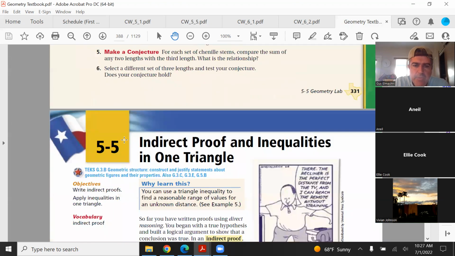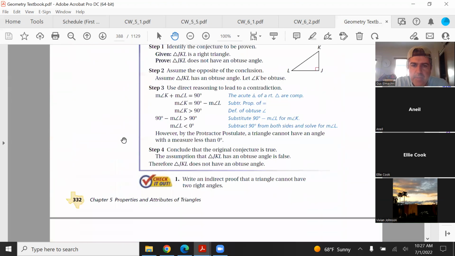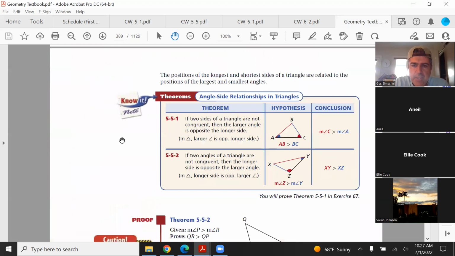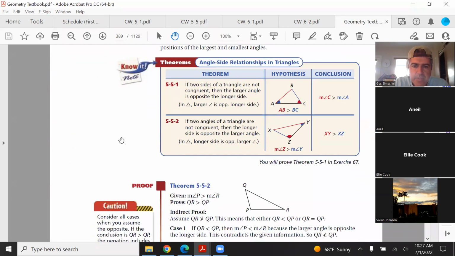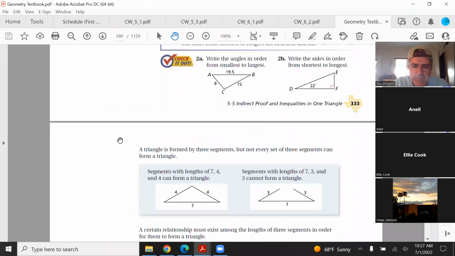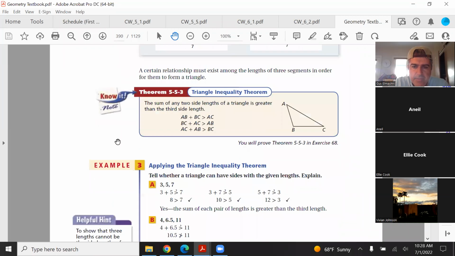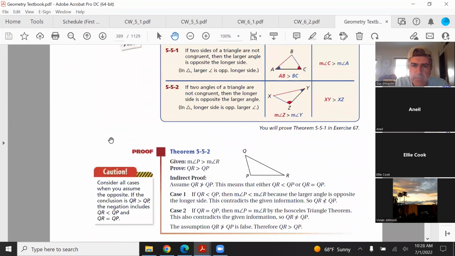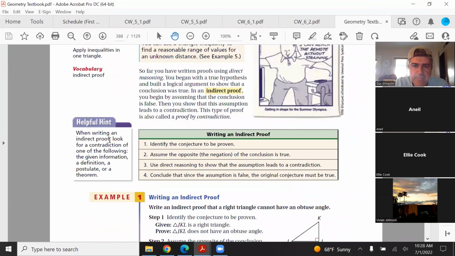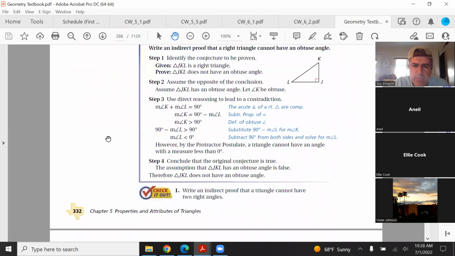Anyway, it'll correspond to this stuff here, inequalities in a triangle. Let me actually talk about the concept first, and then we'll do some practice problems. So it might be good that we go through some of the stuff here in the textbook. Don't worry about the indirect proof part.